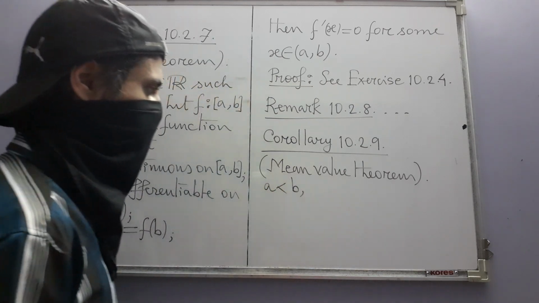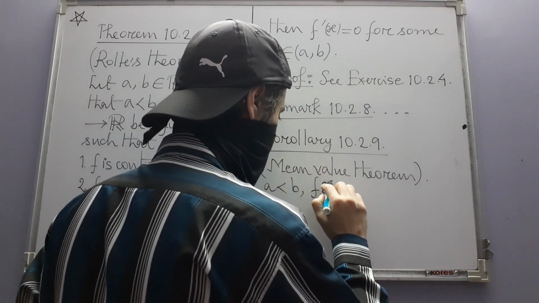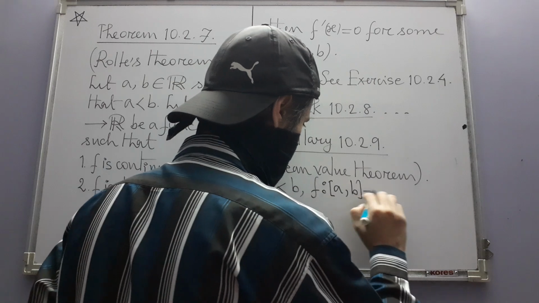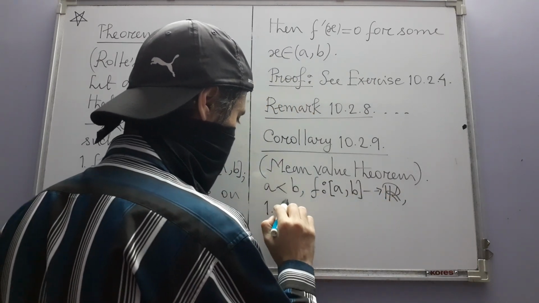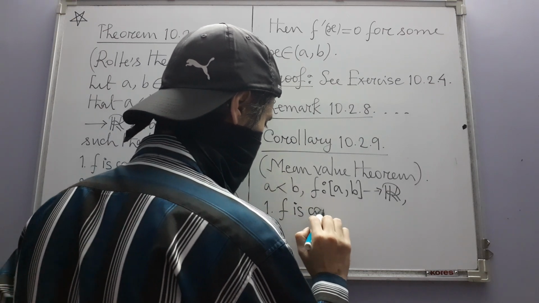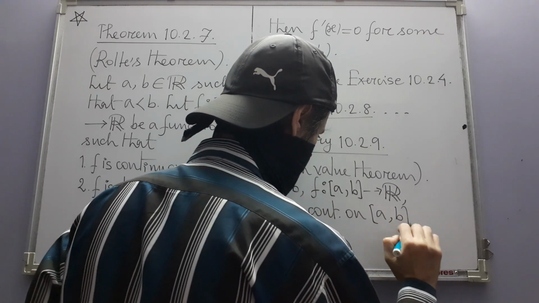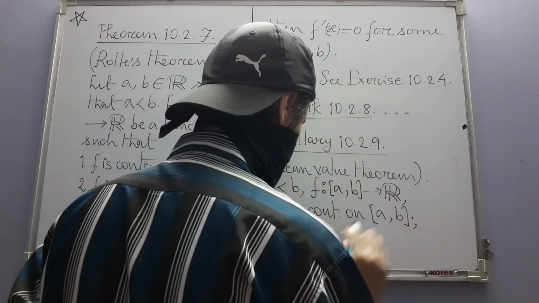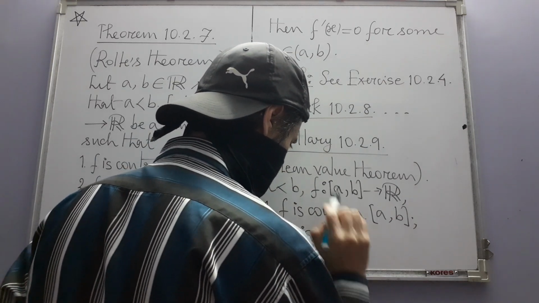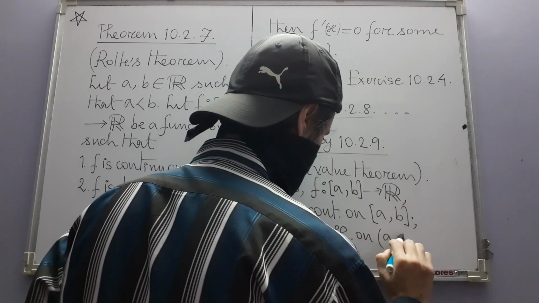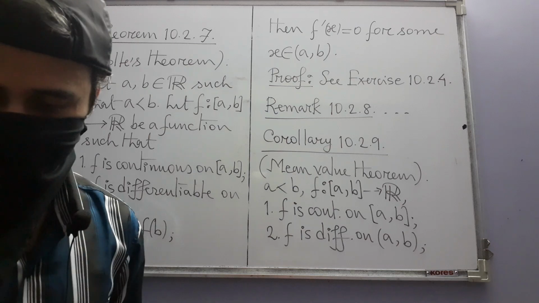A and B are two real numbers of this type, and f is a function like before, such that number 1, f is continuous on the closed interval, and number 2, f is differentiable on the open interval, and that's it. We are not assuming this.